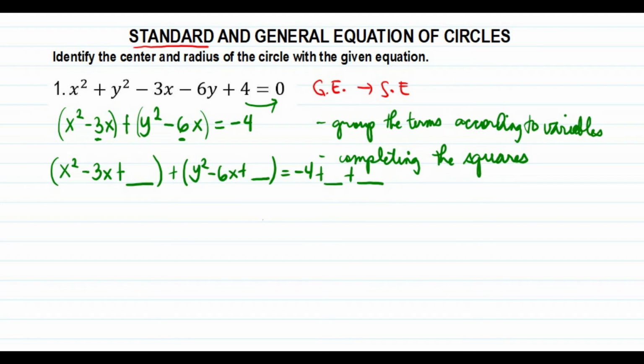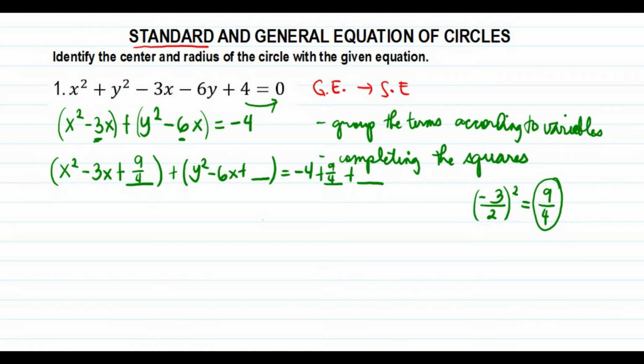Let's have negative 3, numerical coefficient lang divided by 2 squared. So, negative 3 times negative 3, positive 9, 2 squared is 4. So, 9/4. Dadagdagan tayo ng 9/4 dito. Lalagay tayo dito ng 9/4. Naintindihan? Kasi nag-completing the squares tayo.